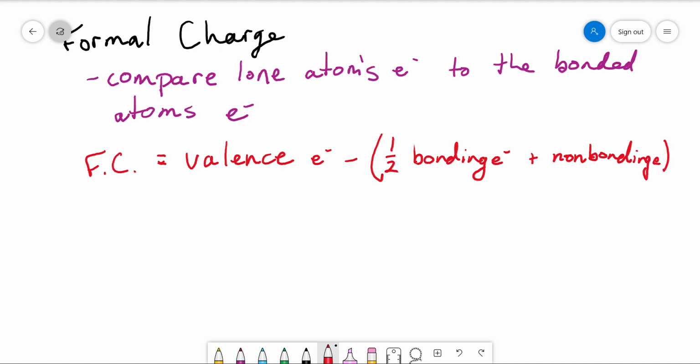Okay, and let's just talk about that real quick. Valence electrons are from the atom.